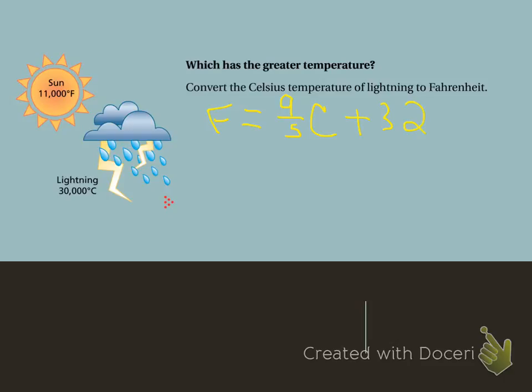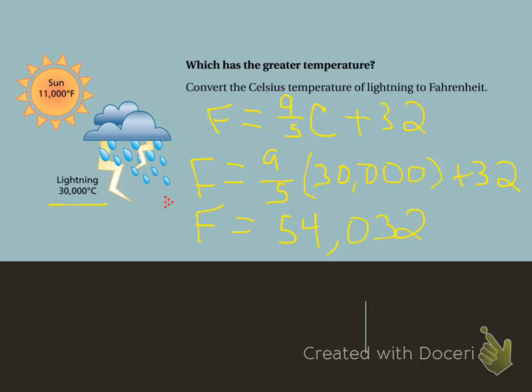So now all I have to do is plug it in there. So Fahrenheit equals 9/5 times 30,000, that's my C, plus 32.